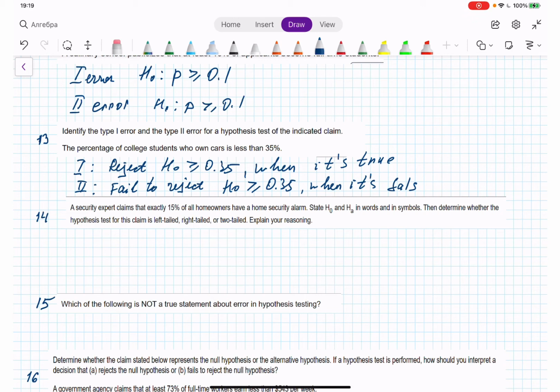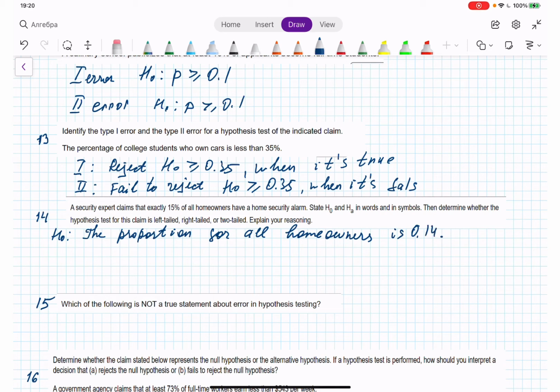So, in our case, the null hypothesis expressed in words is: the proportion of all homeowners who own a home security alarm is 0.15.